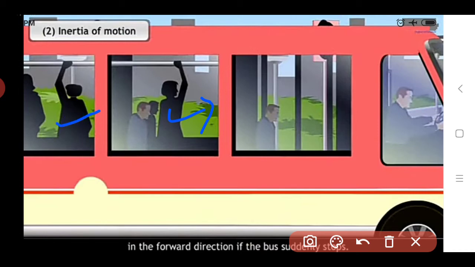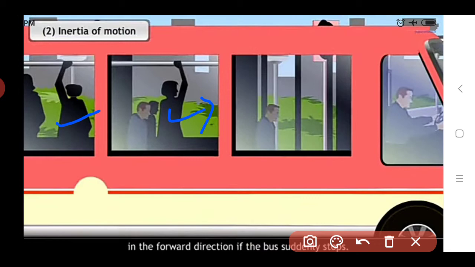So when these objects are in a state of motion, they remain as they are even after the bus is suddenly stopped, because we know the object has inertia. Inertia means it has the ability to remain in its state even after braking, or even after we apply a force.